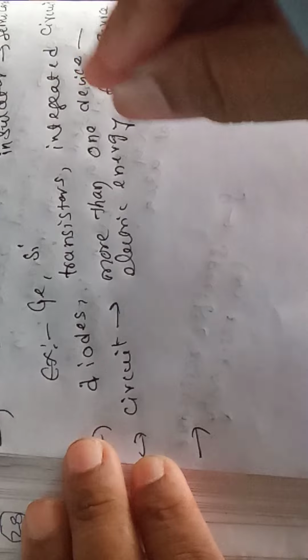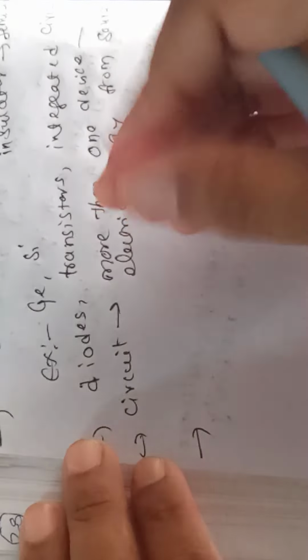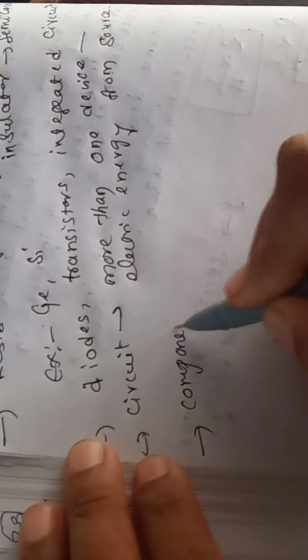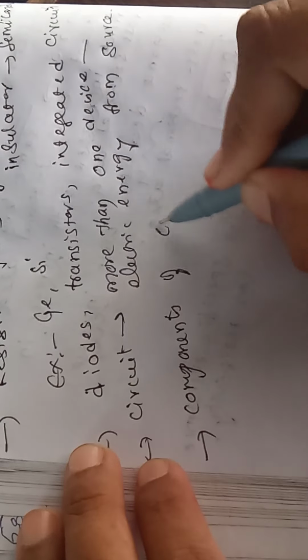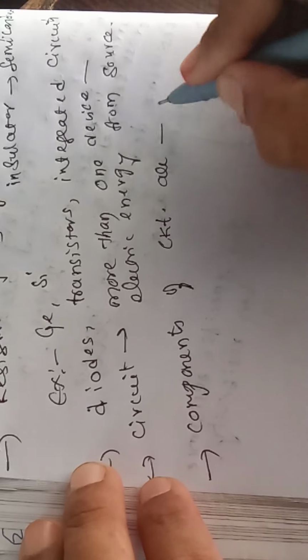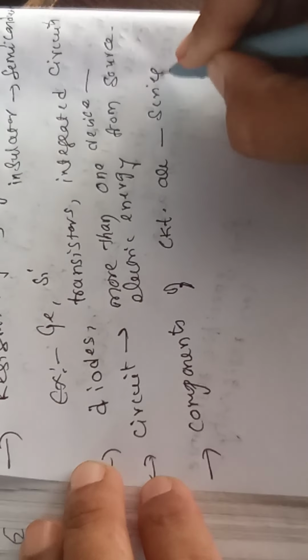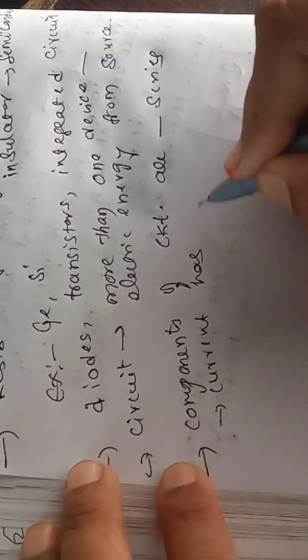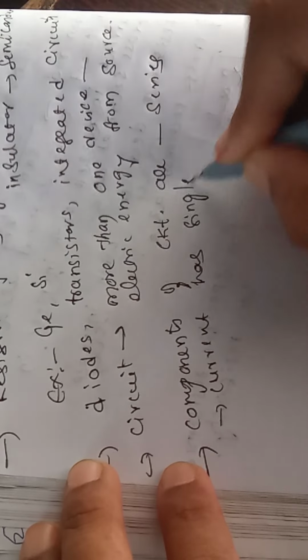So if the components of the circuit are connected in series, then current has a single path to flow.